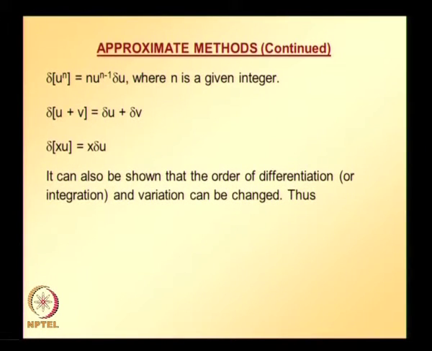and it can also be shown that the order of differentiation or integration and variation can be interchanged. That is, the derivative of the variation of u with respect to x is the same as the variation of the derivative of u with respect to x.